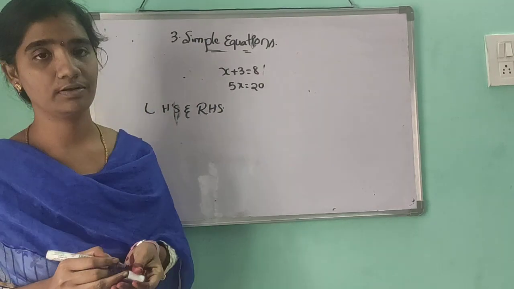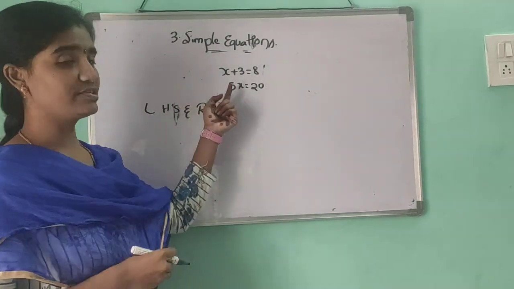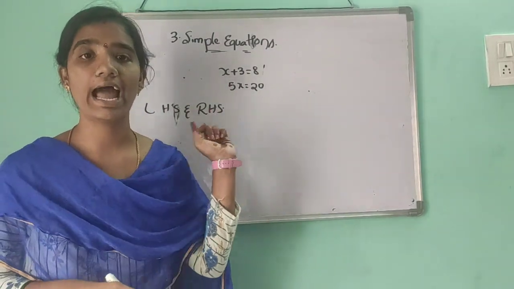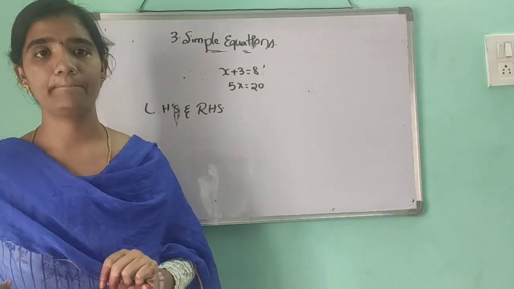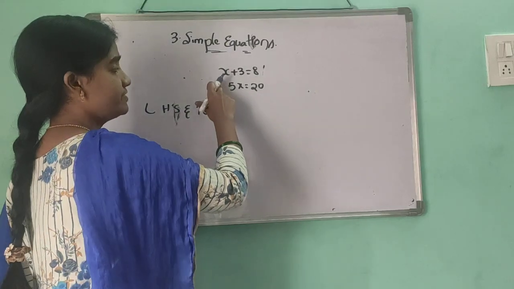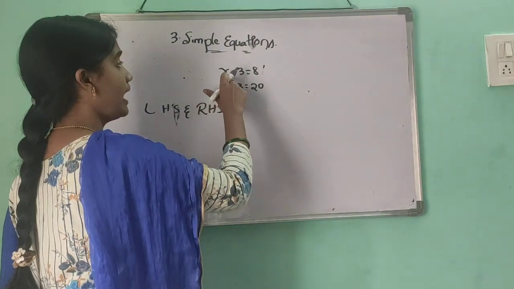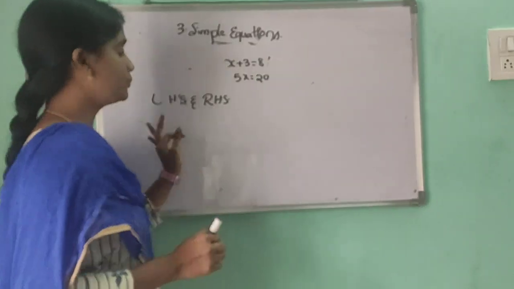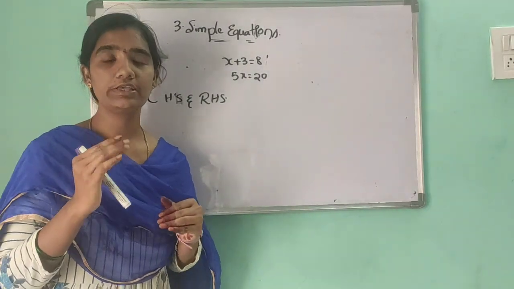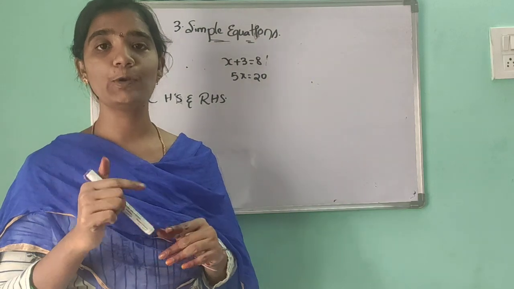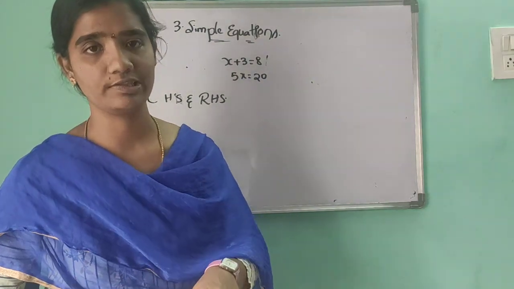The expression on the left hand side is equal to the expression on the right hand side. Finally, a simple equation means a linear equation in one variable.